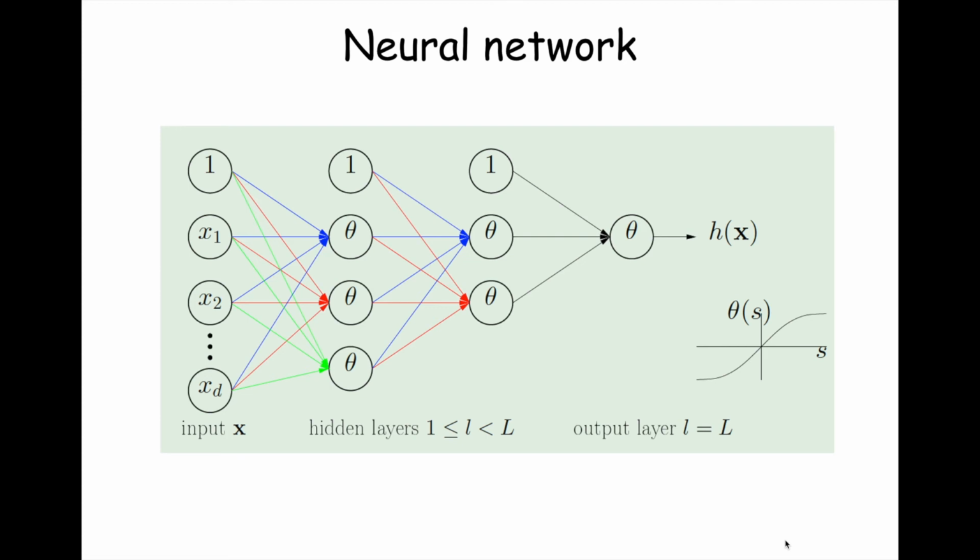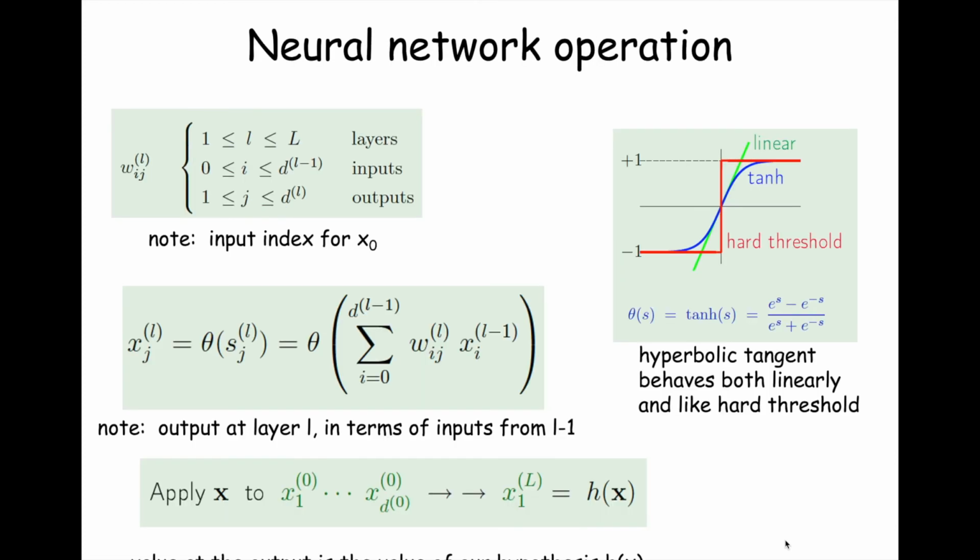Now, you take that weighted sum. We often call that weighted sum s, the signal, right? And what does s do? It multiplies a weight vector times the input from the layer below, and then adds up all those weighted inputs to produce that signal. So if we look at what the signal is for a particular layer, we evaluate our soft threshold theta on the signal associated with the jth node in layer l, right?